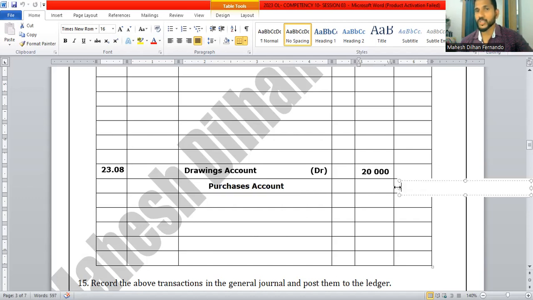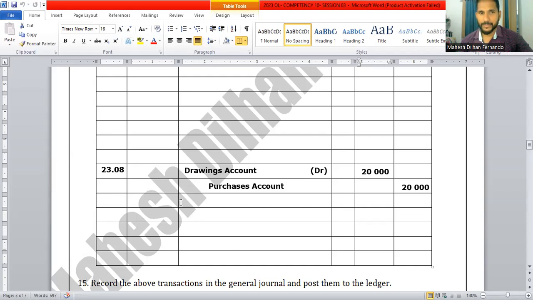The value is 20,000. No one should write CR here. You write a credit entry and take it somewhere to the middle of the description column. Other than that, nothing is used to identify the credit entry in the description column.